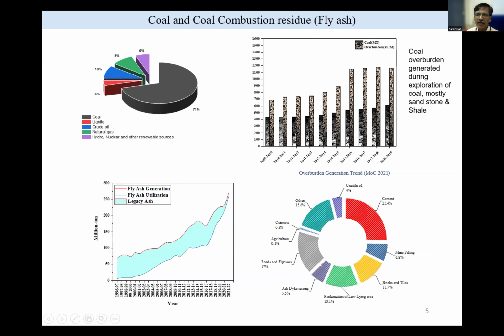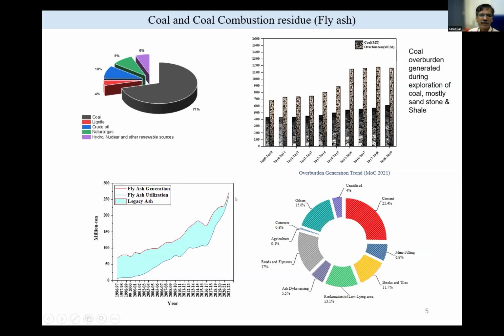Now, if I look at this diagram, most of the fly ash is being used in the cement industry and in roads and flyovers. This shows how the gap can be reduced.